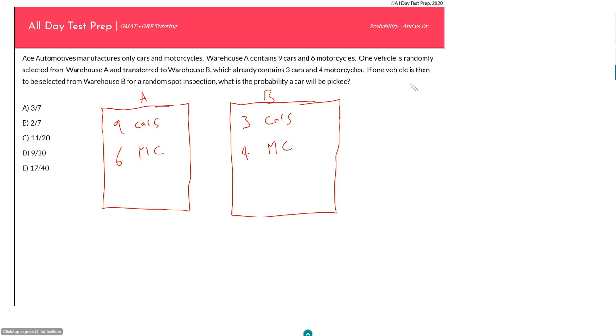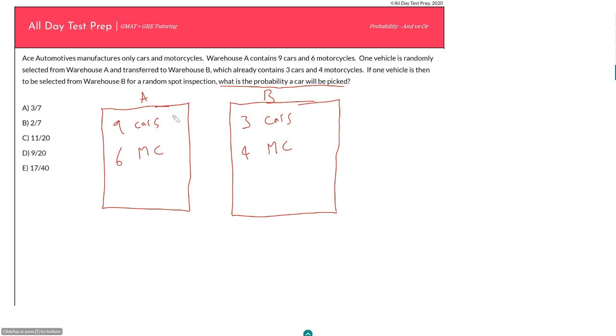So what makes this problem a bit complicated? It's they're asking us for this single probability, right? The probability that a car will be picked from Warehouse B. However, that probability is sort of conditional, right?